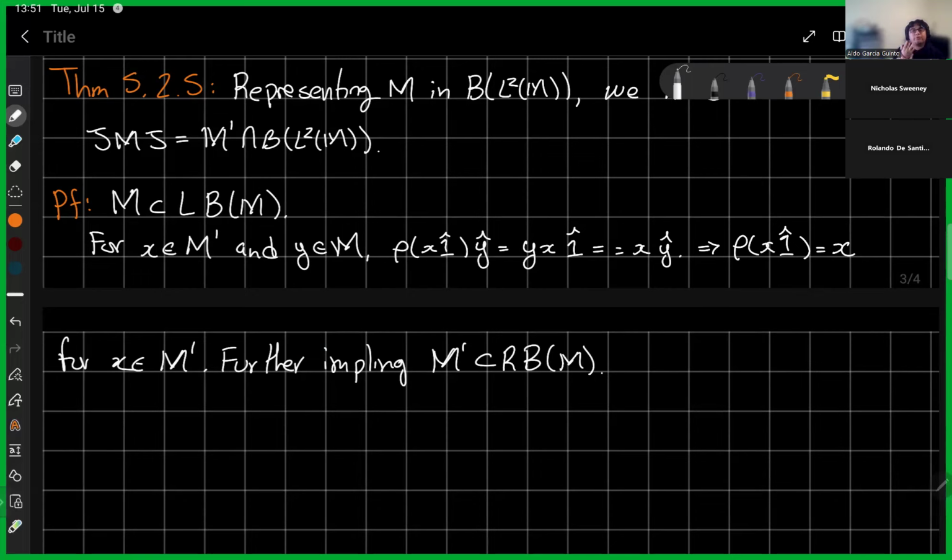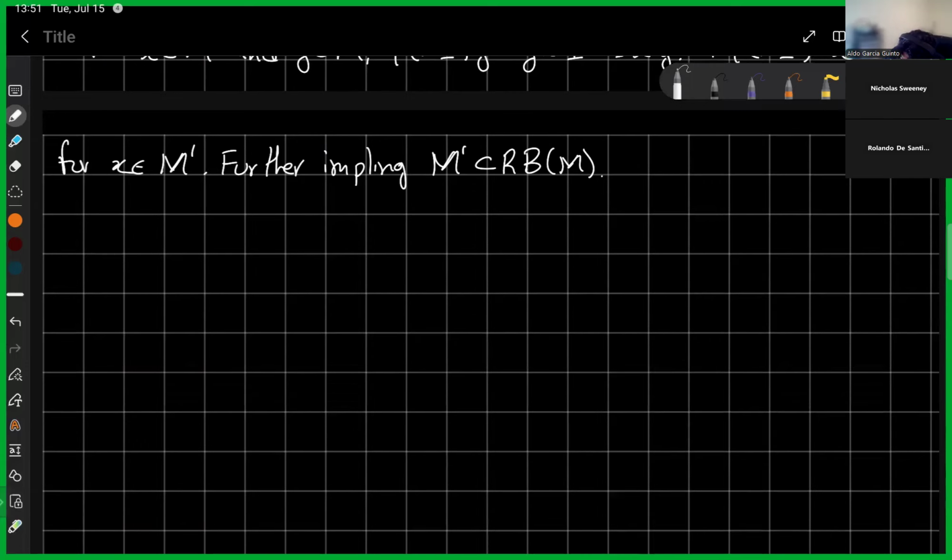Okay. So the proof that I'm going to use now is similar to the proof that you used in the discrete group setting for the left and right convolvers. So now we know that M is contained in left bounded, which is contained in right bounded prime.